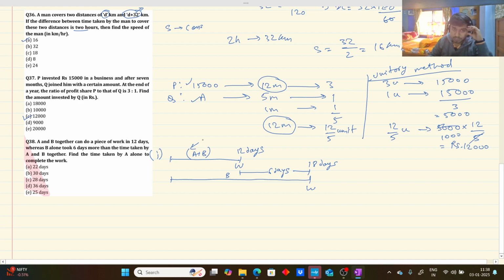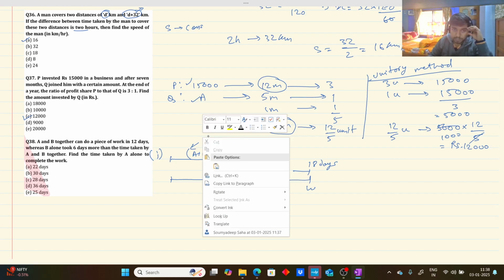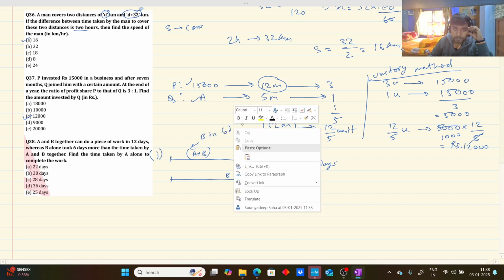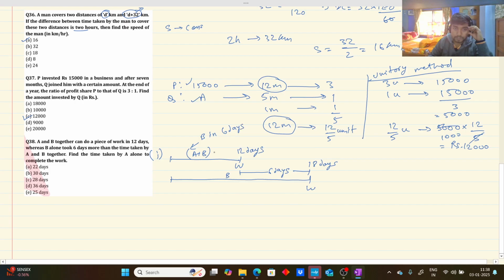A did as much work as B would have done alone in 6 days, and to do that much work A took 12 days, right? That means B is twice as efficient as A.